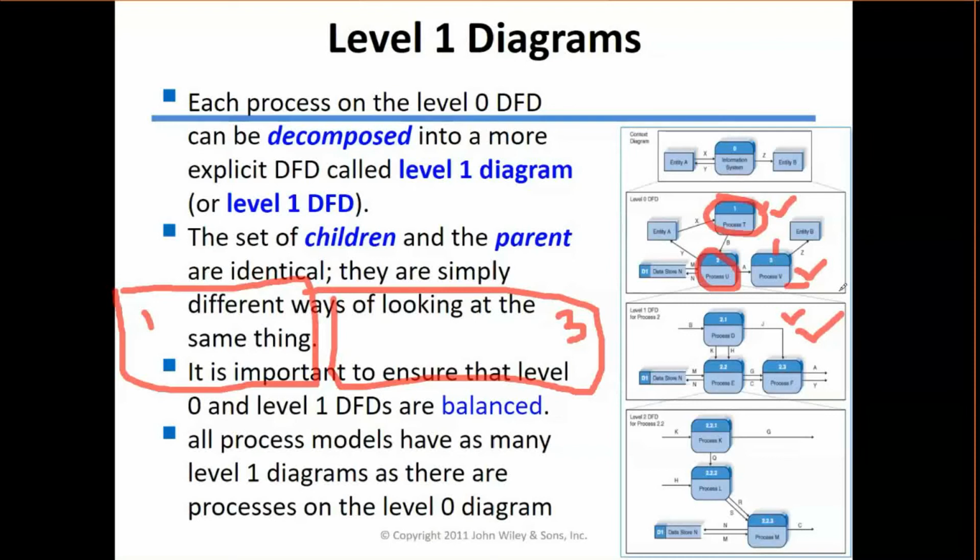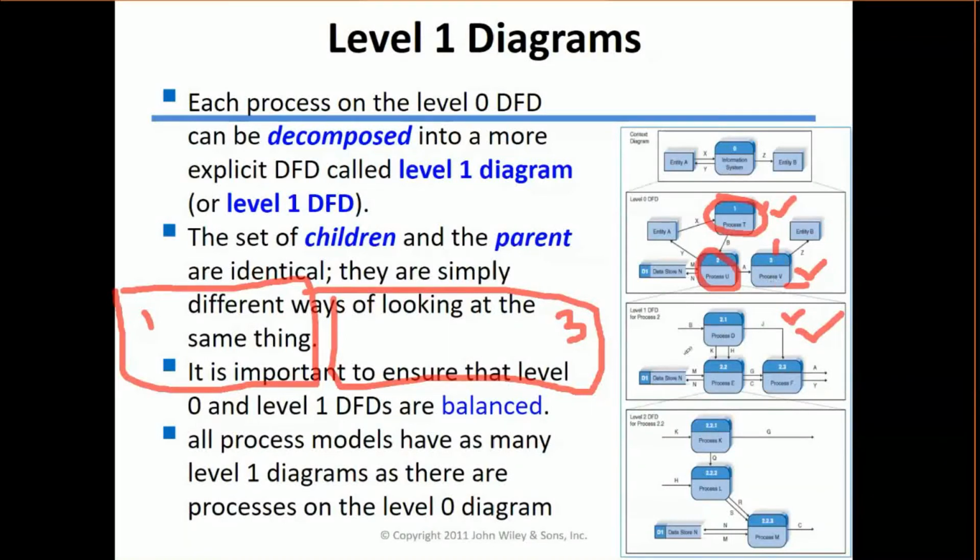If it is so simple process, let's suppose, but you see, at zero level diagram it should not be simple. Okay, at zero level diagram we are actually still talking about a very general, high level description. So it should not be that simple that it doesn't need further decomposition.